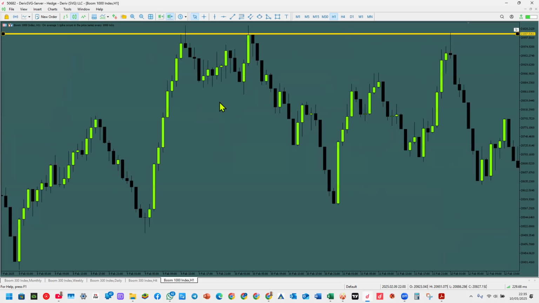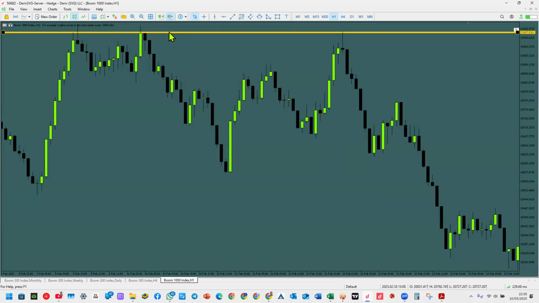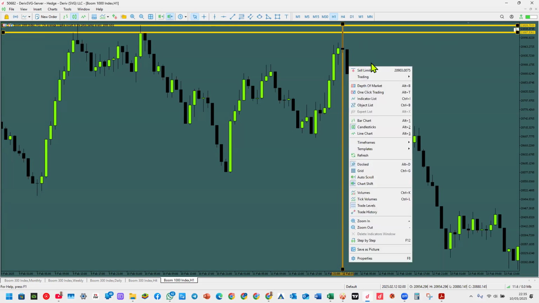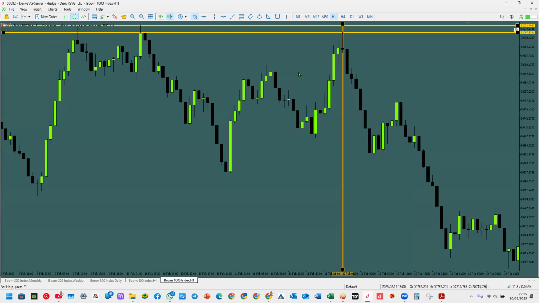So you have to be patient, right? If you are patient, you know that this is a supply zone. Then by the time the market comes to the supply zone and it's giving you this kind of candlestick pattern, okay?